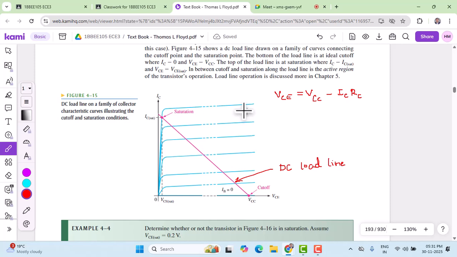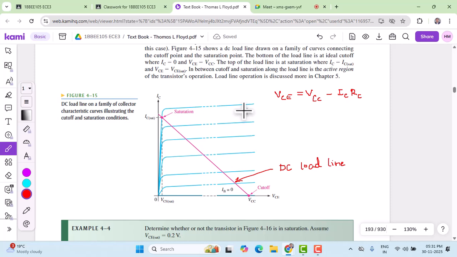So if I assume that IC is IC saturation, the VCE becomes VCE saturation. So now the new equation for IC sat, if you rearrange this, becomes equal to VCC minus VCE sat divided by RC. I'm sure that you can easily derive this equation from this one.